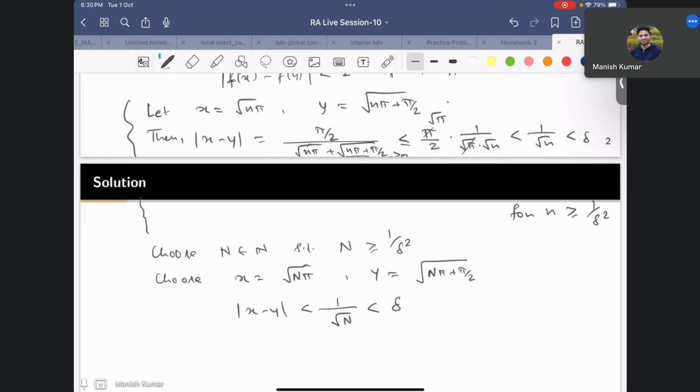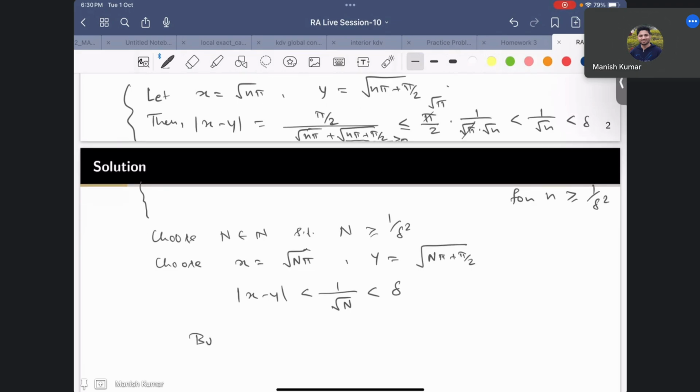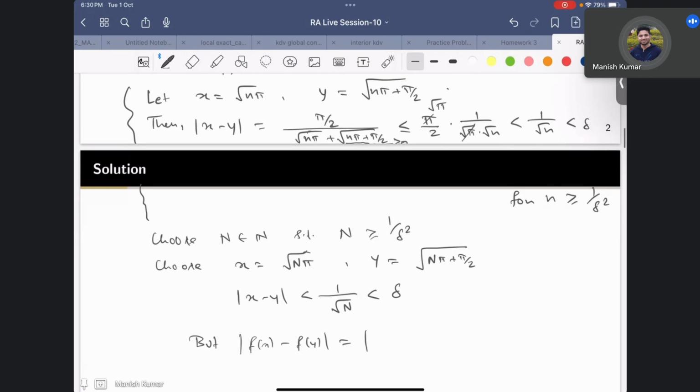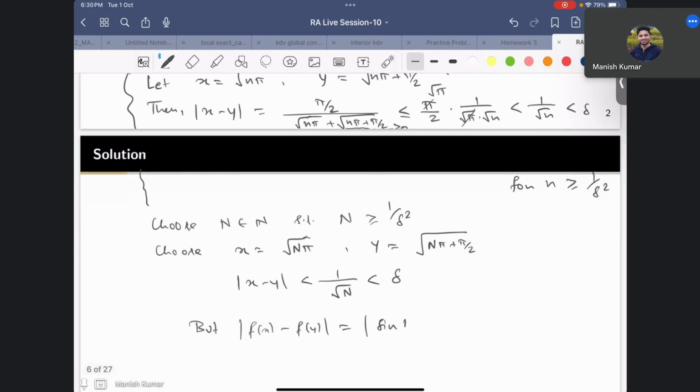But mod of f x minus f y, if you look at the difference, you will have sine of x square, which would be n pi, which is 0. So sine of n pi minus sine of n pi plus pi by 2, and this is equal to 1.